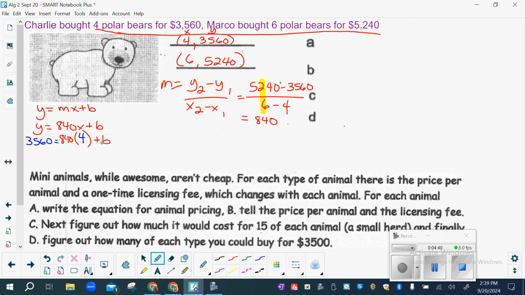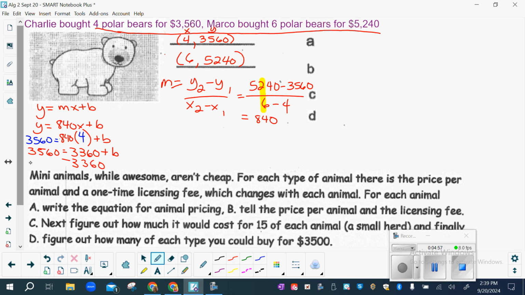So how do we do that? Minus 3,360 from both sides. Our b is 200. So our equation of our line is y equals 840x plus 200.